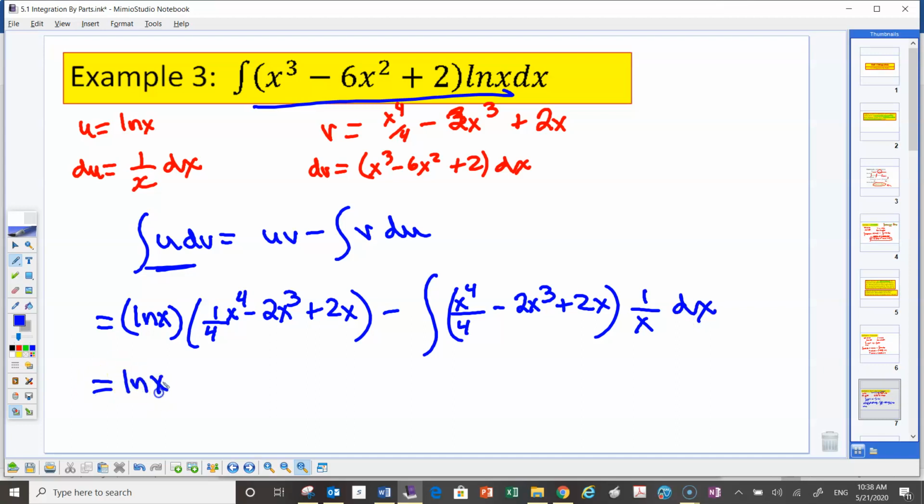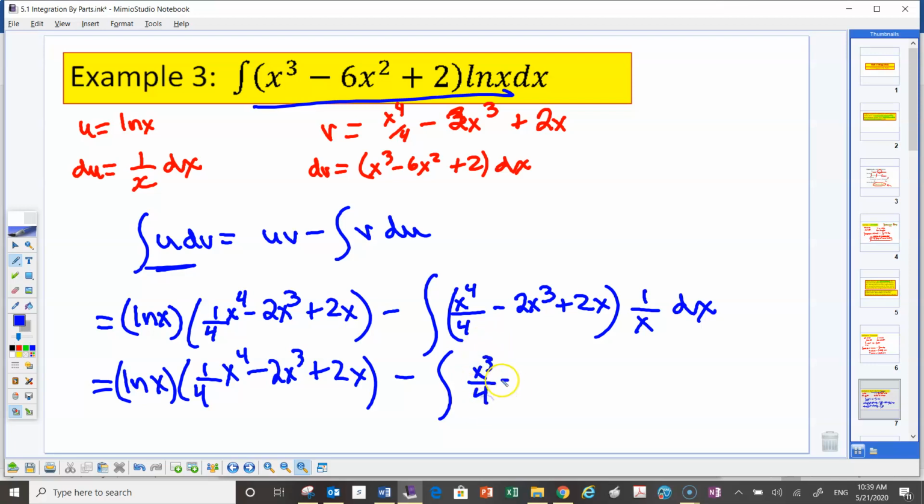So this first part doesn't change. Now, before I integrate, I'm going to distribute the 1 over x into this, so I end up getting x cubed over 4 minus 2x squared plus 2 dx.